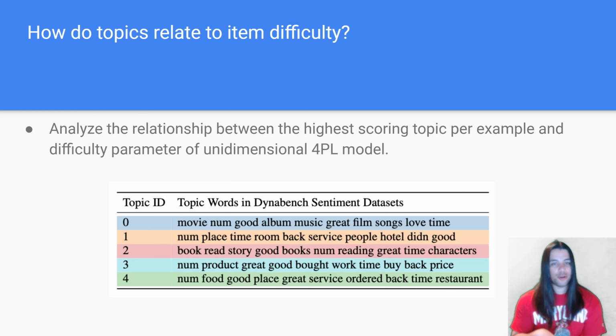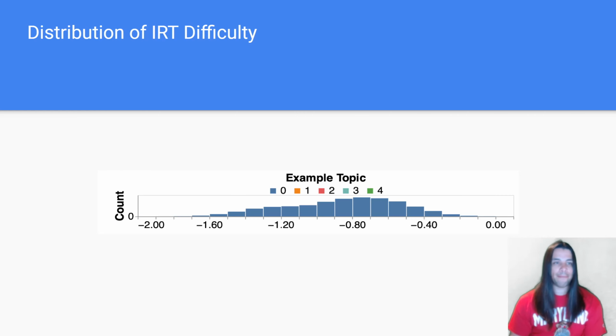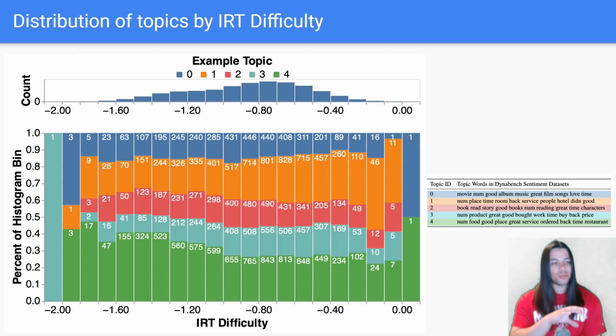And then how do these correlate to item difficulties? So we analyze the relationship between the highest scoring topic per example. So we take the topic distribution for an example and just take the most dominant topic. And then the difficulty parameter of a unidimensional 4PL model. So we take the distribution of IRT difficulty, which is shown here, and then we overlay this with normalized histograms of, for each example, which topic it's assigned to.